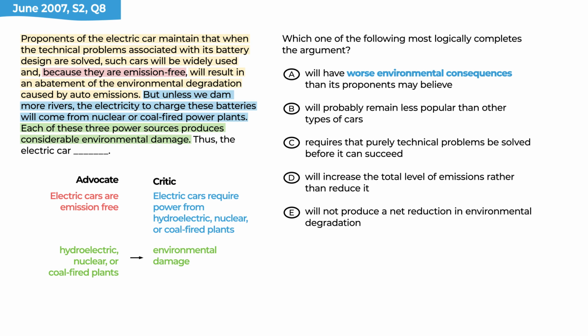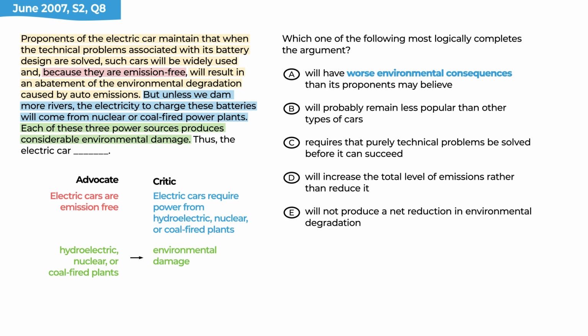That doesn't necessarily mean that the environmental damage caused by the production of that energy in those power plants is more significant than the savings that we get from having emission-free vehicles. Nor does that mean that the benefits derived from having emission-free vehicles outweighs the damage that was done by producing that energy in power plants.